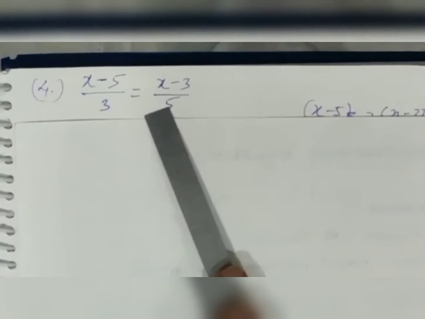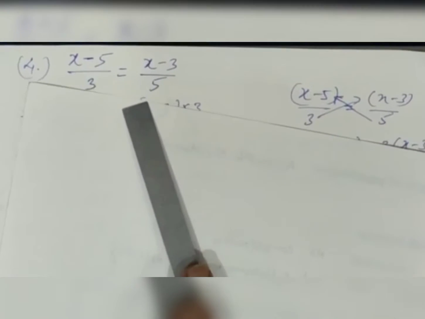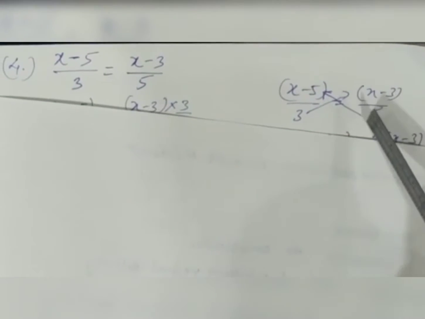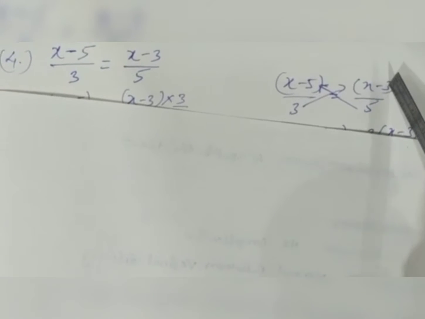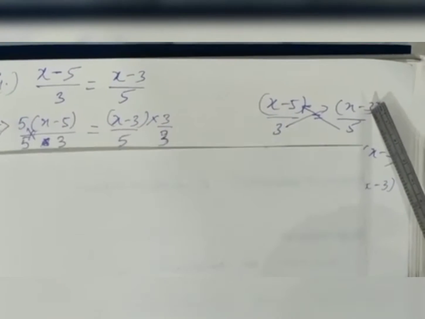For making the denominator the same, first you cross multiply these two that way. 5 is multiplied to x minus 5 and 3 is multiplied to x minus 3. Why do that?